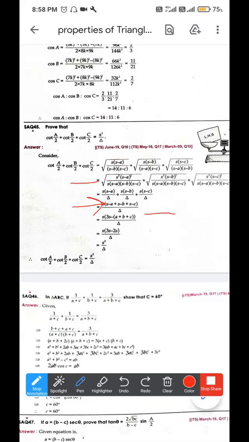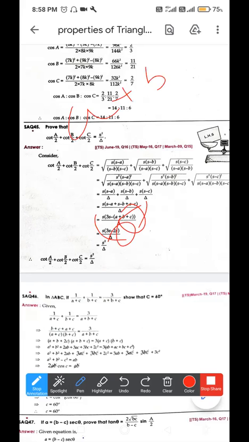After that, take the denominator as common, so all the numerators can be added. Let's take S as common and add S minus A, S minus B, and S minus C. We'll get S into 3S minus A plus B plus C. A plus B plus C is nothing but 2S.